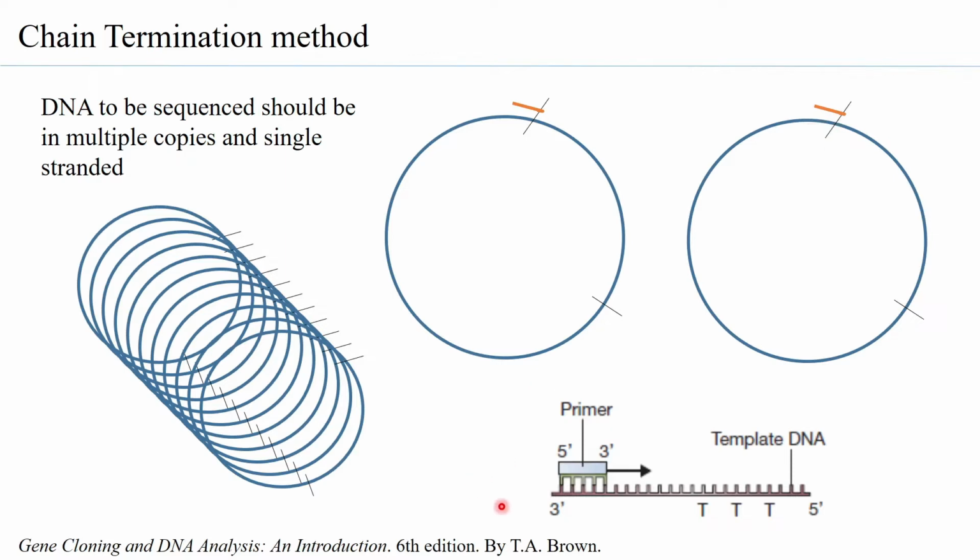So if you look at it in a resolved form, this is the sequence. From here, this is the DNA which has to be sequenced. And this over here is the oligonucleotide that has attached itself to the M13 phage or M13 vector.